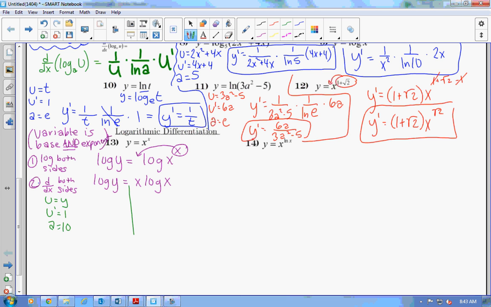Now, if you want to do the natural log, you could do natural log too. You could natural log both sides, and then your base would be e. Okay, so the derivative of log is 1 over what? We're taking the derivative of log y. 1 over y times 1 over natural log 10.